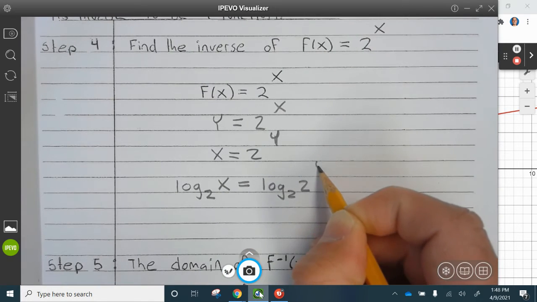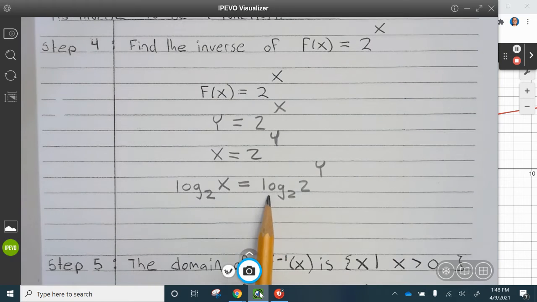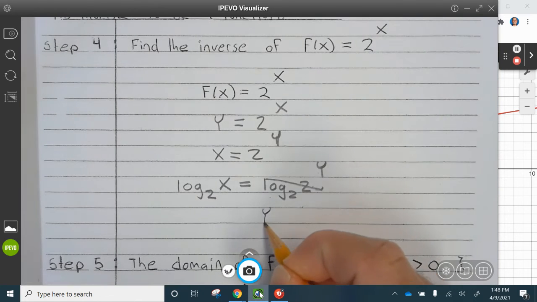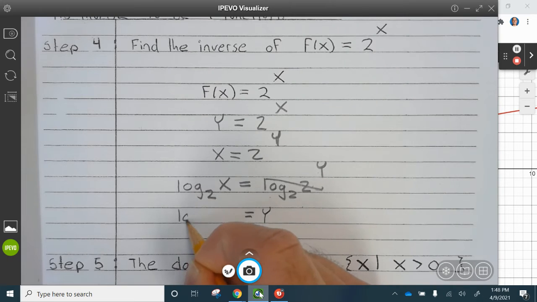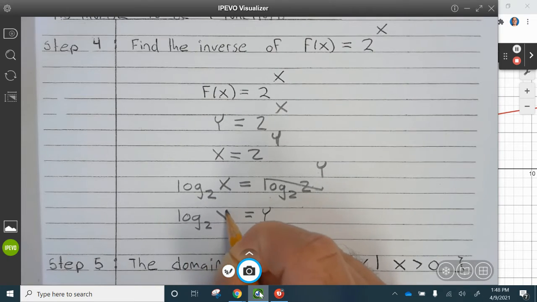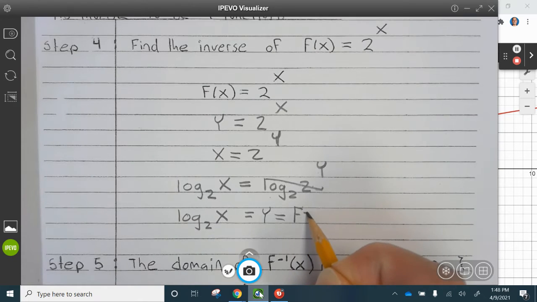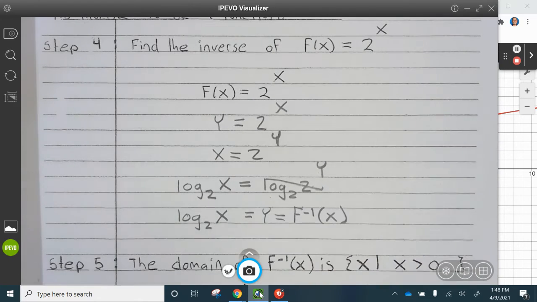And the reason we do that is because log base 2 of 2 cancels, and you're left with y equals. So y equals log base 2 of x. Since it's the inverse, y is equal to f inverse of x.